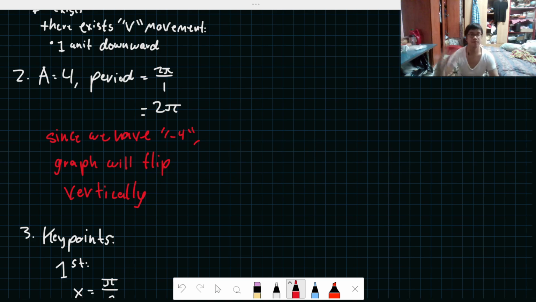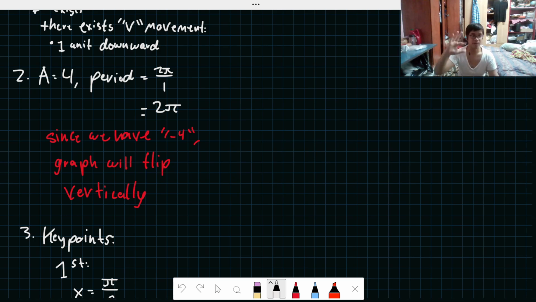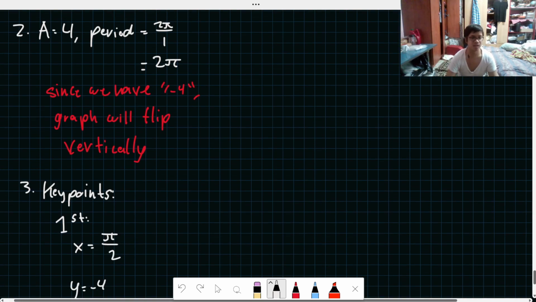That's it. The graph will flip vertically, because we have a negative sign. If it's a negative sign, I think you already know, it will flip vertically. Sorry if I keep saying it.